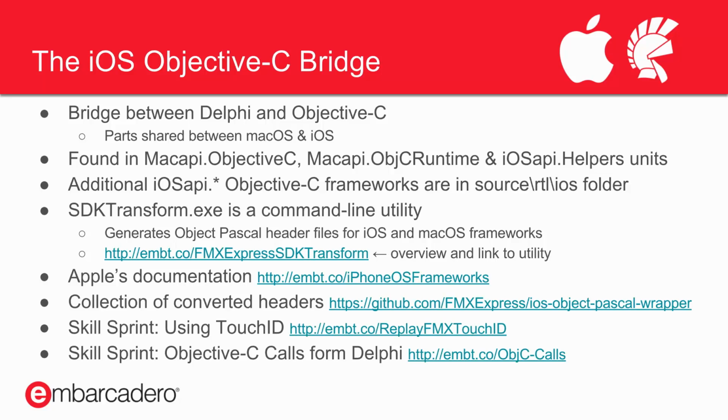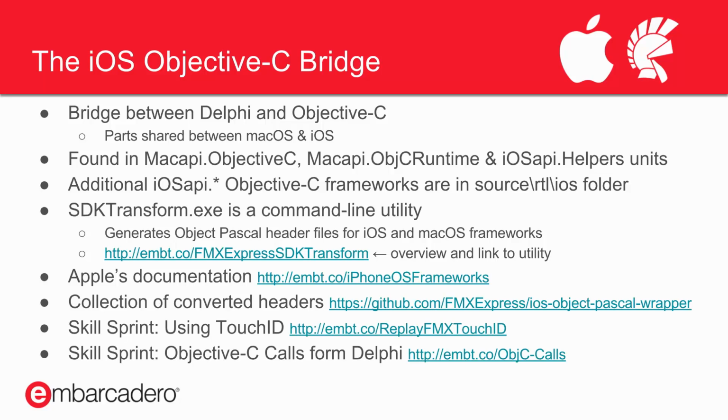That being said, there is a bridge, though, that you need to use, and that's found in Mac API Objective-C. You notice that says Mac API, and that's because both Mac OS and iOS, technically iOS is based on the same foundation as Mac OS, and so there's a lot of shared behavior and code between the two, and the same is true for the FireMonkey and RTL wrappers for it.